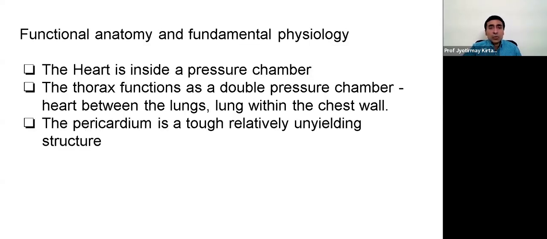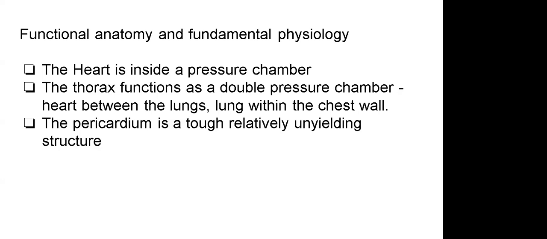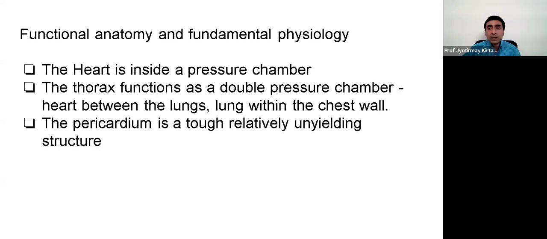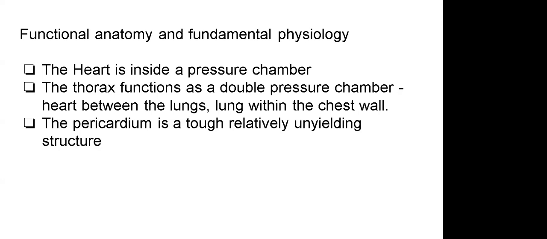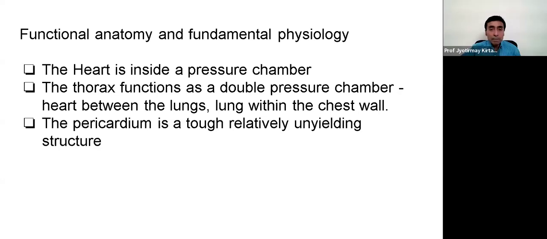As I just told you regarding the pericardium, the functional anatomy translates into a pathophysiology. And also the thorax is like a double pressure chamber. You have the thoracic cavity which contains the heart and the lungs, and the lungs are expanding and collapsing. The lungs also have a pressurized system. So it's not just the cardiac chamber pressures that are important, but the juxta-cardiac pressure, or the extra-cardiac pressures.